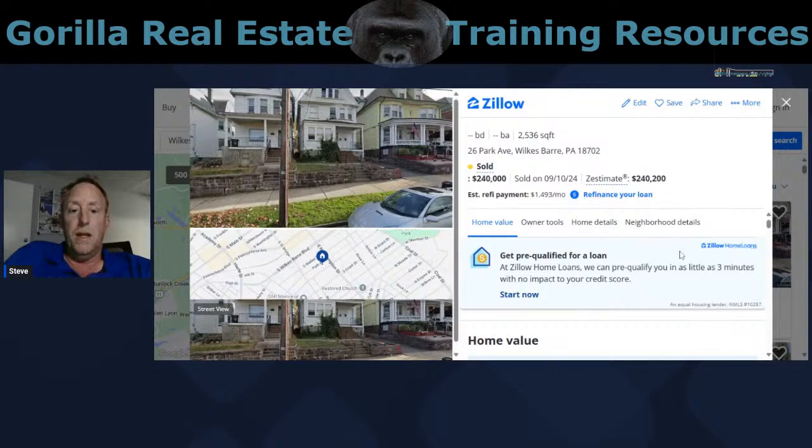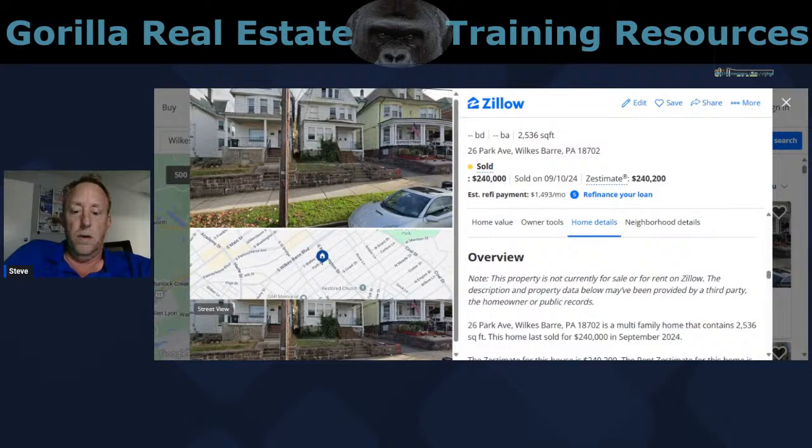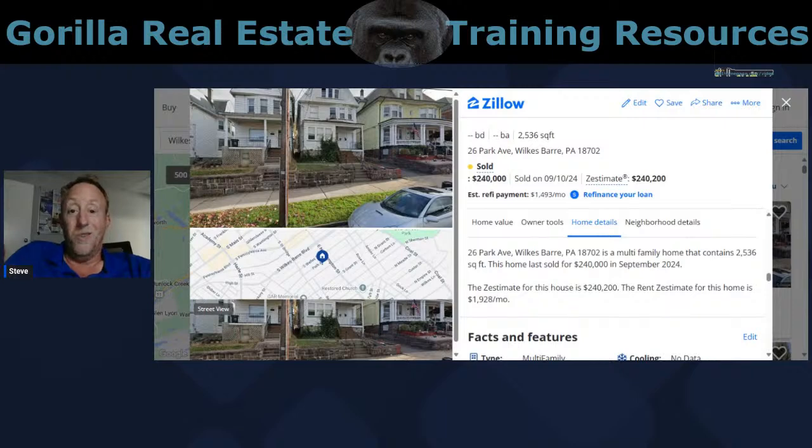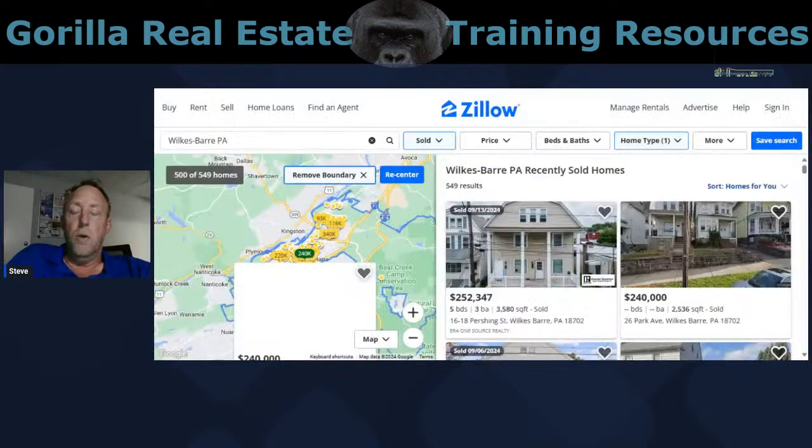And this is the manual process of it. You have to go through and say, okay, let me look at the home details. Is a multifamily home 2,500 square feet? We don't know anything else about it. Okay, so that number doesn't help us if we don't know anything else about it. So you're going through this process and you're picking and choosing what you think are the comparable units.